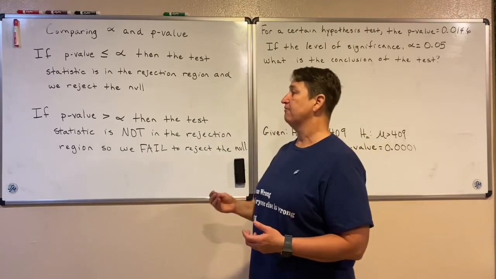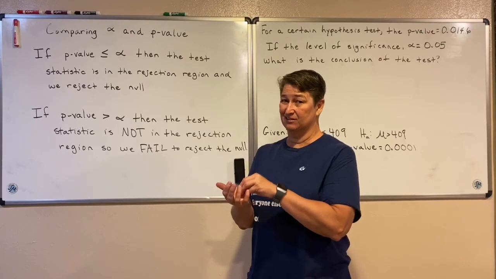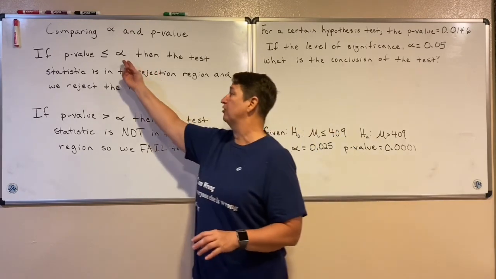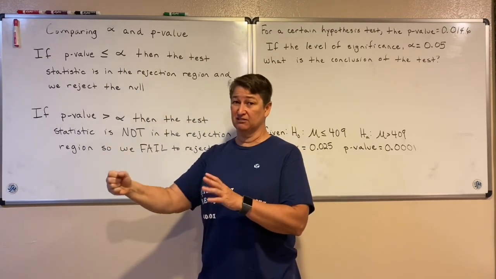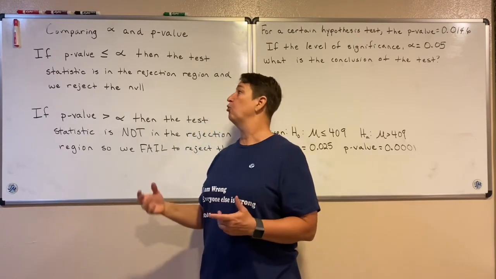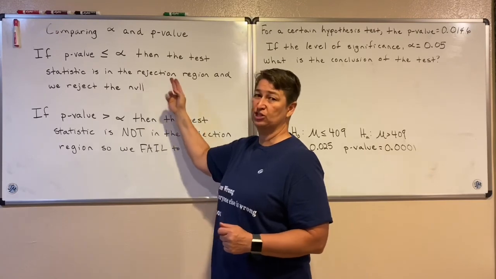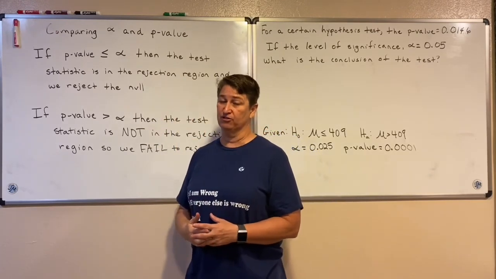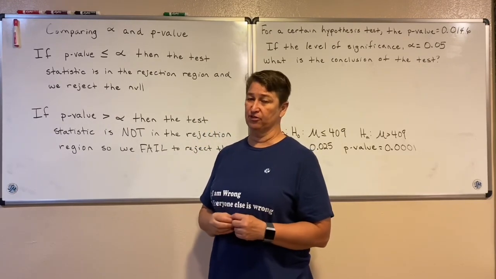If our p-value, that probability that we got that statistic, is less than our level of significance, then that means that our test statistic was far enough out there. And so that test statistic would be in the rejection region. So we would reject our null hypothesis, and it would support the researcher's hypothesis.